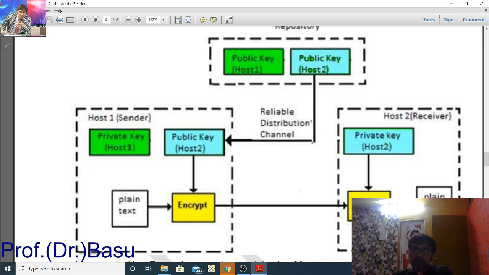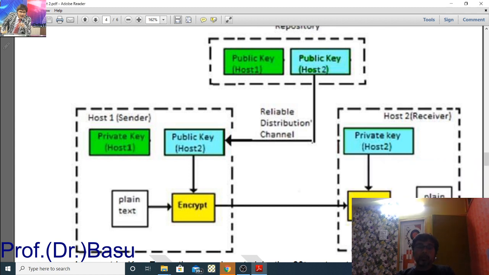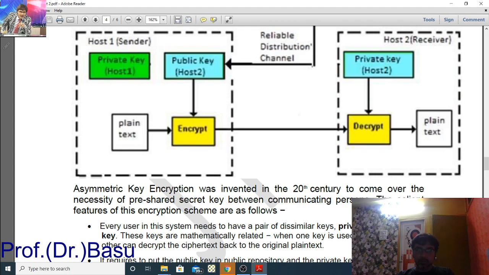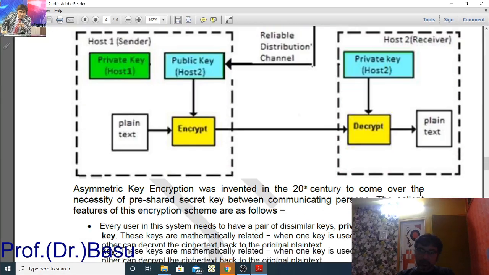The public key of the receiver will be used by the sender, and the private key will be used to decrypt the message of the sender. So this is the system with asymmetric key encryption.